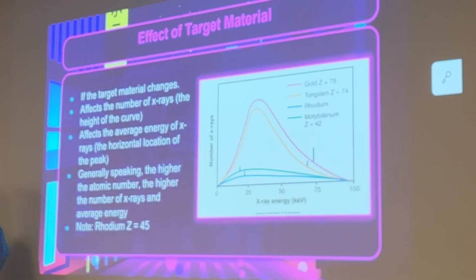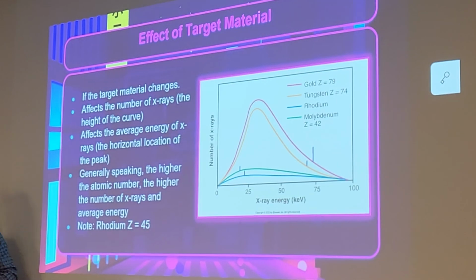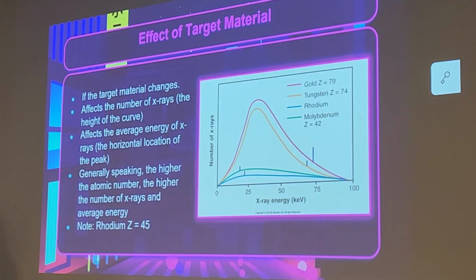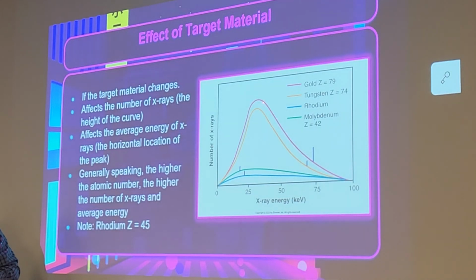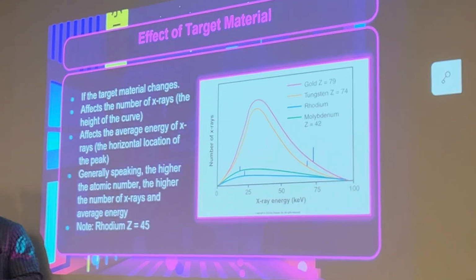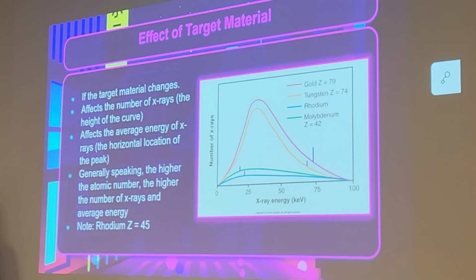So what target material does our anode target use? Tungsten. And that's why. Tungsten has a high atomic number, so we're able to produce a large number of X-rays and have a high amount of energy for those X-rays.